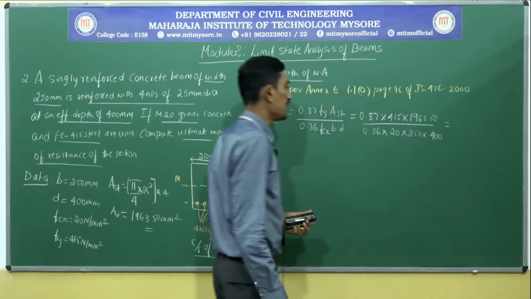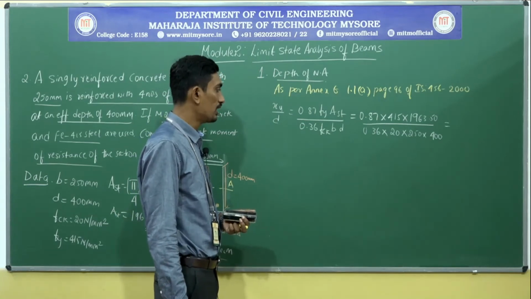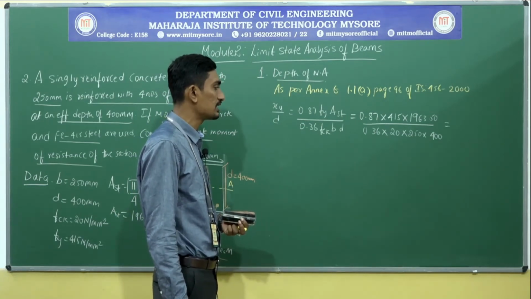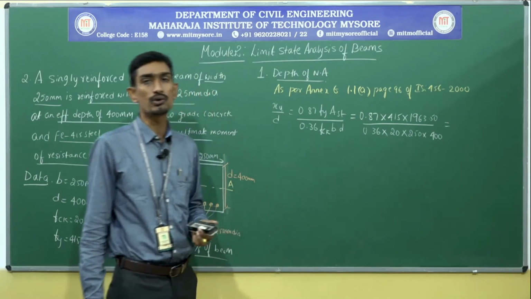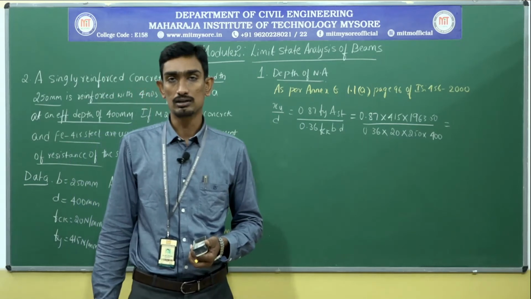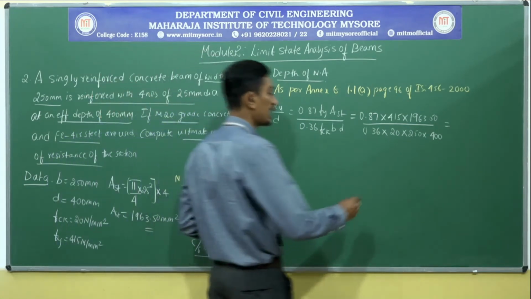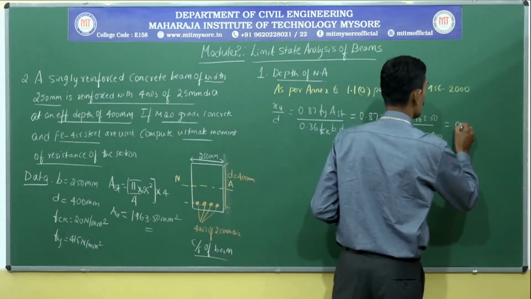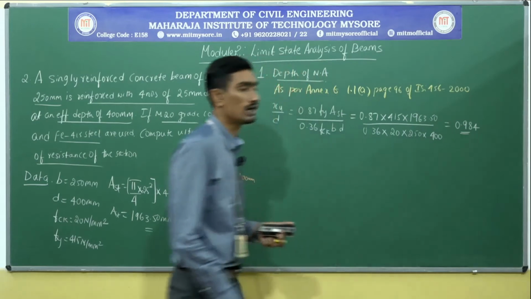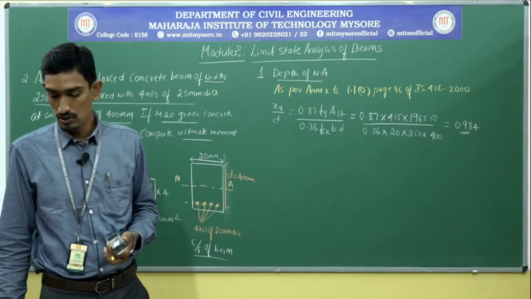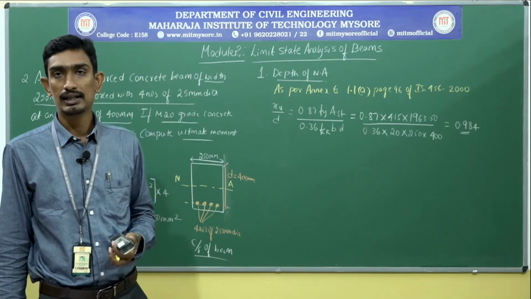So 0.87 into 415 into 1963.50 divided by 0.36 into 20 into 250. Please check once whether you have substituted properly or not. This works out to be 0.984. So xu by d is 0.984, or approximately 0.99.